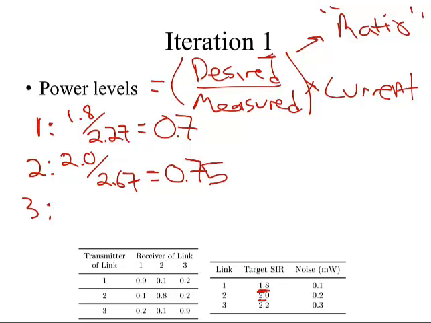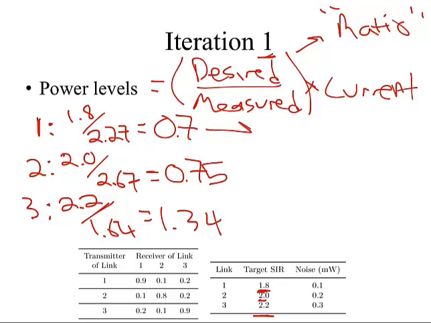And for link 3, we have a desired of 2.2, and we want to divide that by what we had measured, which was 1.64. And so now we're going to get a value that's greater than 1, of 1.34, which means that we have to increase the power level.